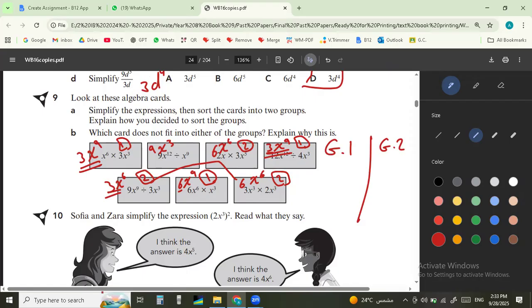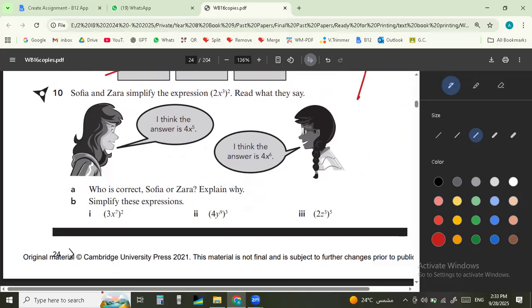And the others, this with this with this, because they have coefficient of 6. No problem at all. Still, the one that doesn't fit is this one, because it has coefficient of 9, not 3, not 6. So both are correct if you're going to sort them based on the power, the index, or based on the coefficient.